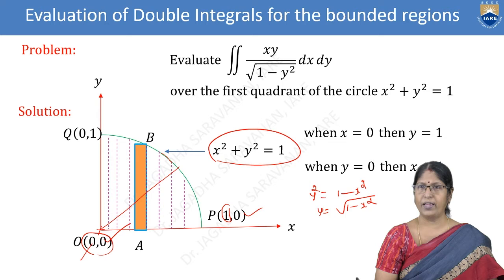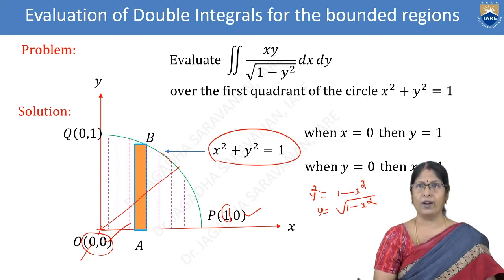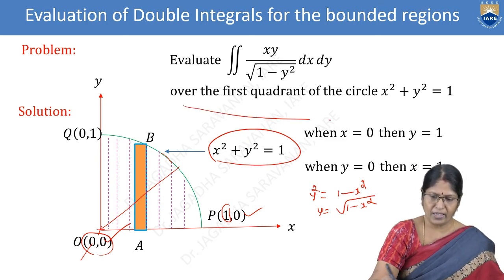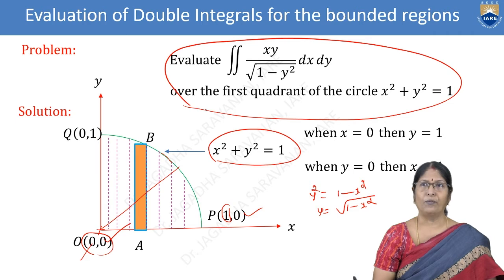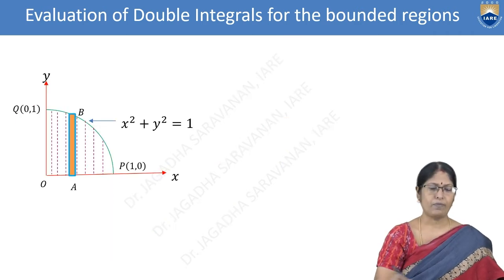So we have a very clear picture of x. The limits are from 0 to 1. Reading the question, we have drawn the diagram and found the limits also. We will proceed further with the solution.